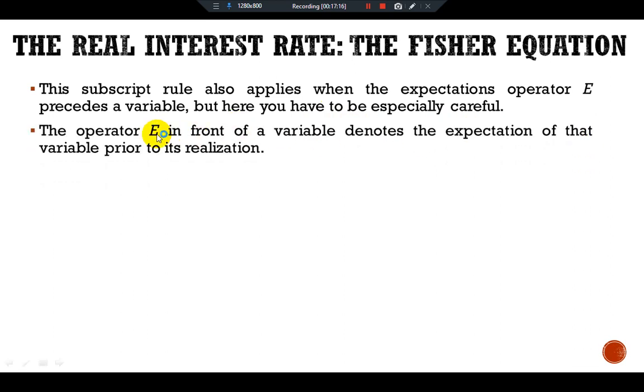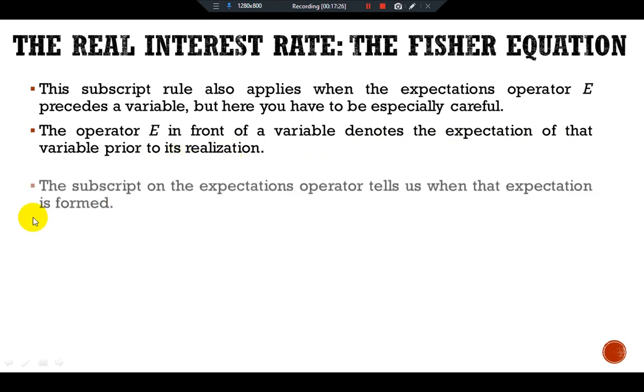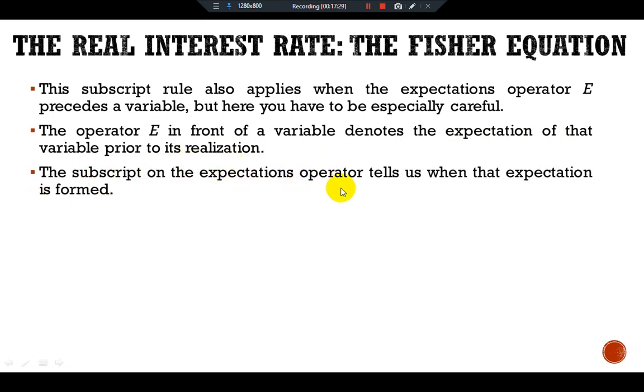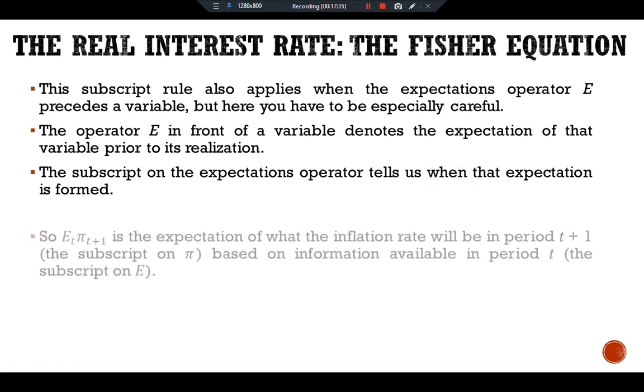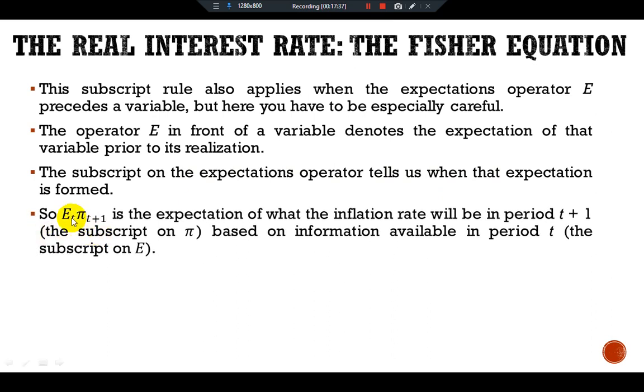The E operator in front of a variable denotes the expectation of that variable prior to its realization. The subscript on the expectations operator tells us when that expectation is formed. So E_t π_{t+1} is the expectation of what the inflation rate will be in period t+1, the next period.